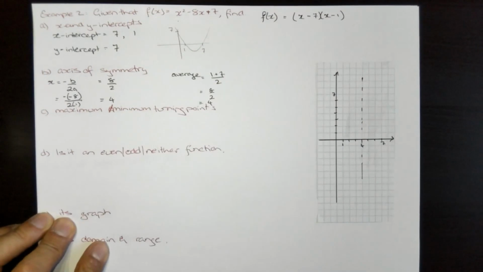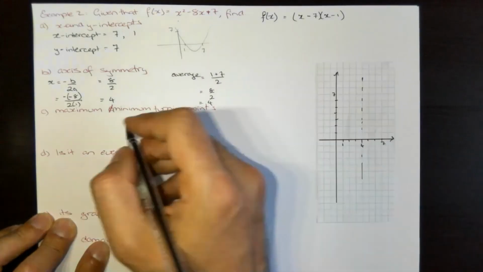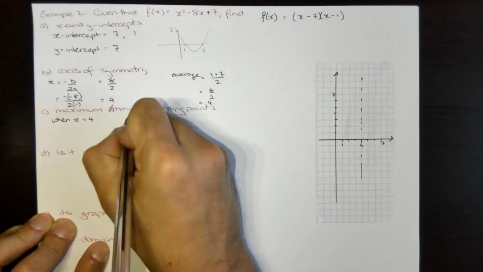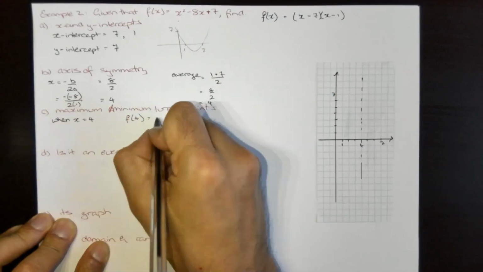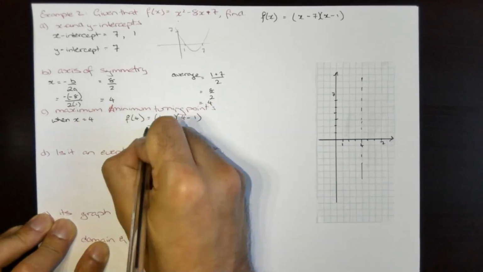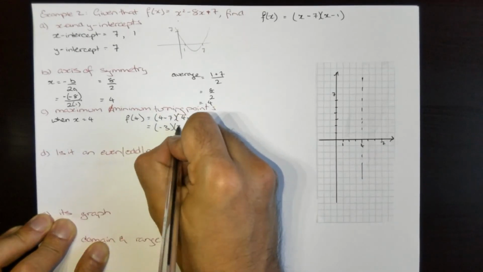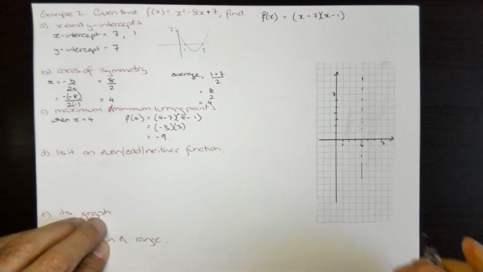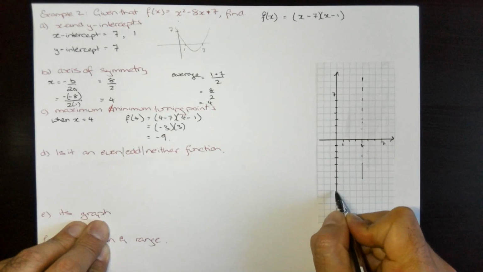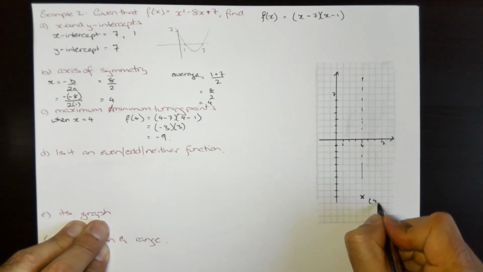So let's find out where the minimum turning point is. All I'm going to do is plug 4 back into the equation. When x equals 4, we get 4 minus 7 times 4 minus 1. 4 minus 7 is -3, 4 minus 1 is 3, so we get -9. So 1, 2, 3, 4, 5, 6, 7, 8, 9. Here is our turning point of (4, -9).